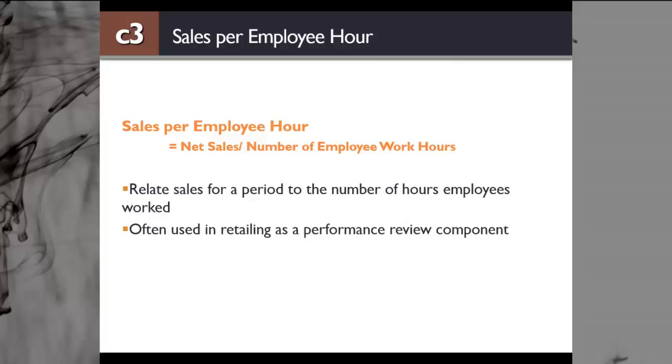It relates the sales for a period to the number of hours employees work. This concept is often used in retailing as a performance review component, because more sales per employee hour means more productivity. Of course, it's better to have more if you want to see better performance.